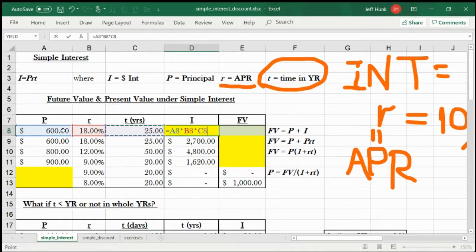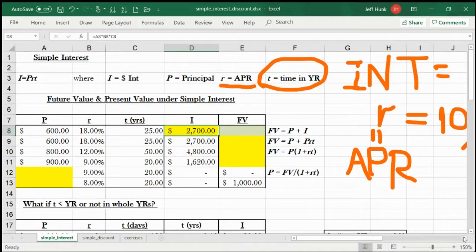But look, some people may be trying to enter A8, B8 manually. No, you can simply use your mouse and click them in, right? Select the cell and click it in, left click, right? And there you go. Okay, so this is the interest.